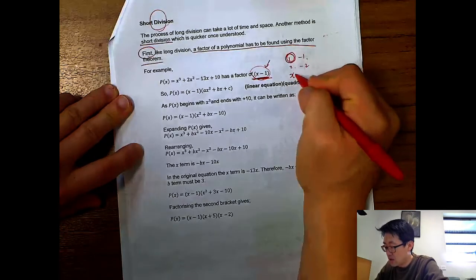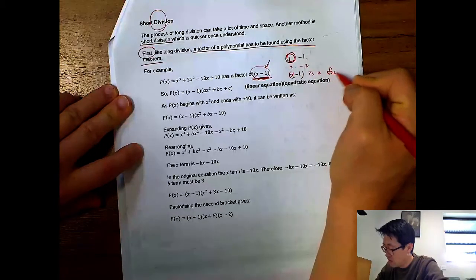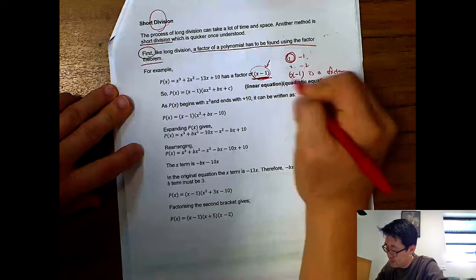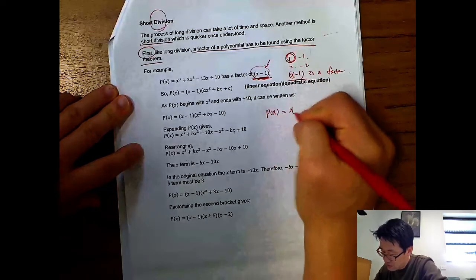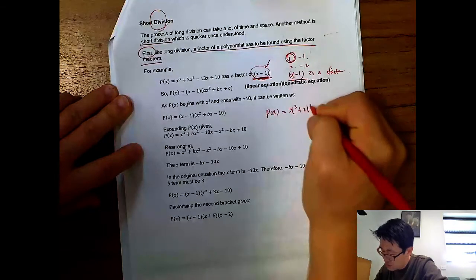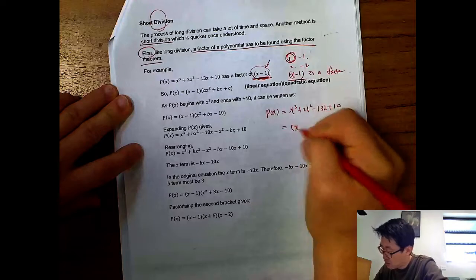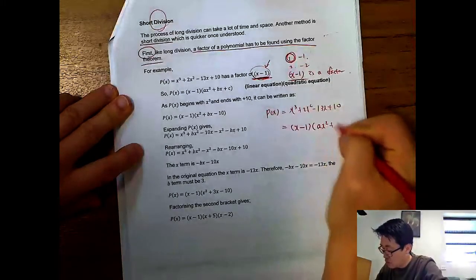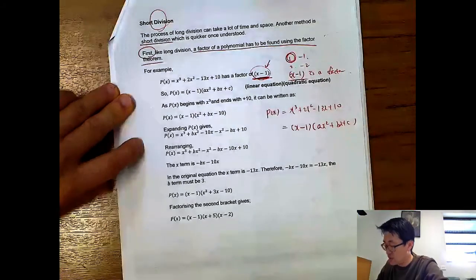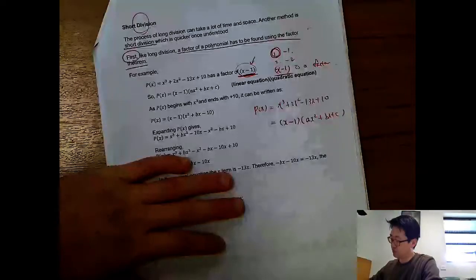So now x minus 1 is a factor. So p(x) is equal to x minus 1 times ax squared plus bx plus c. That's what we need to figure out.